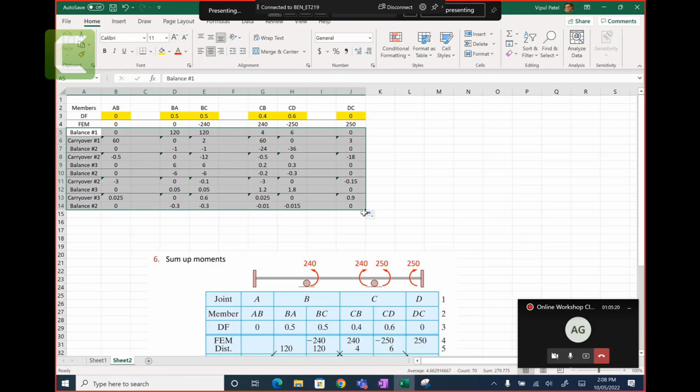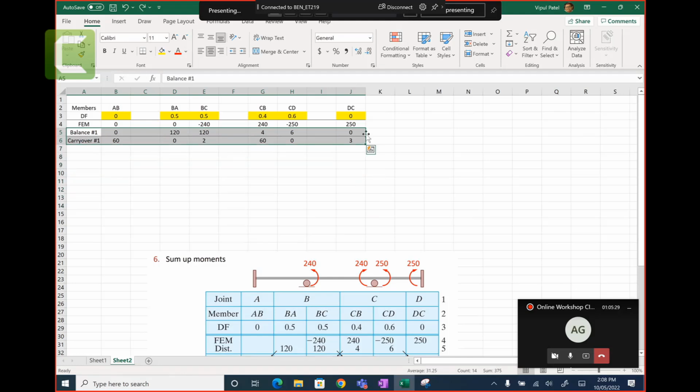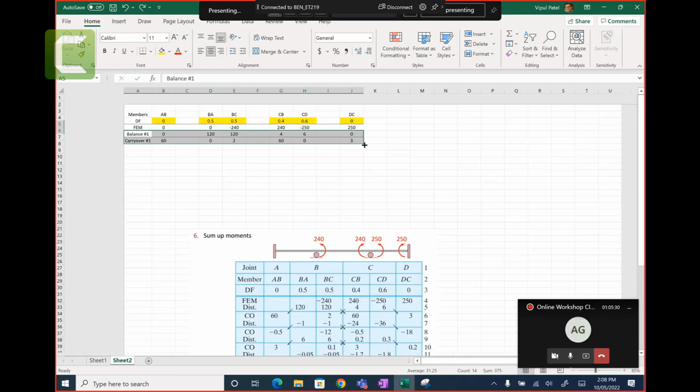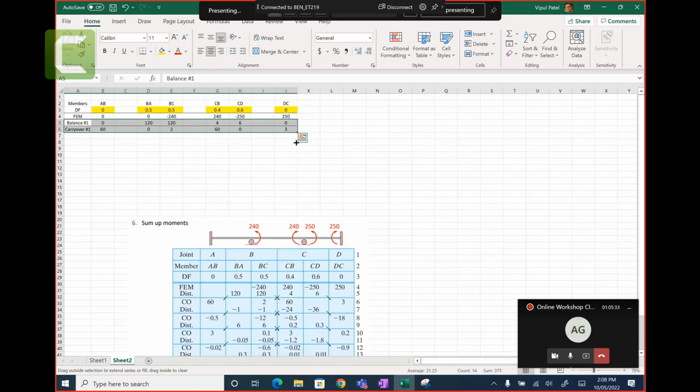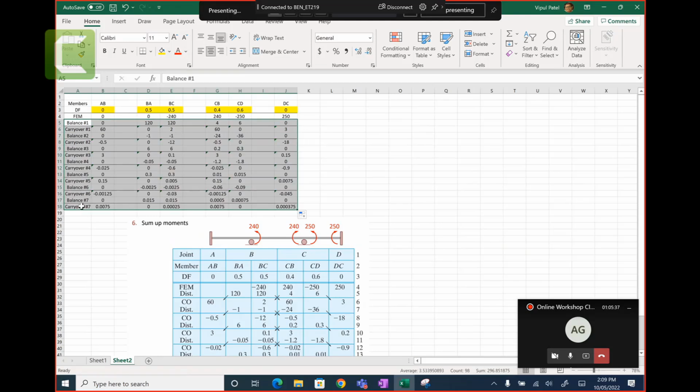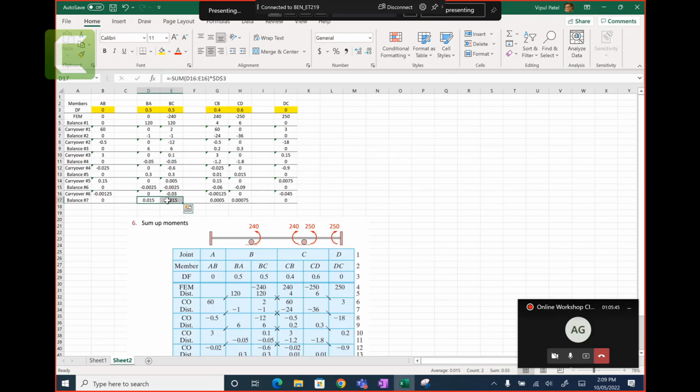You need to check the errors. You just need to drag it. How much are you going to do it? I think you just need to check the error. How are you going to check the error?